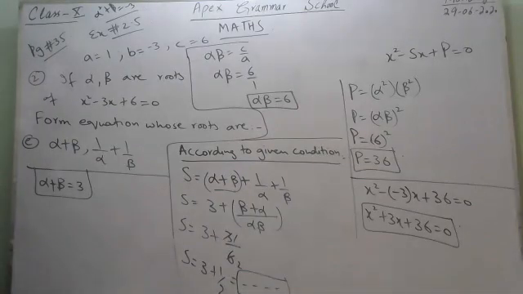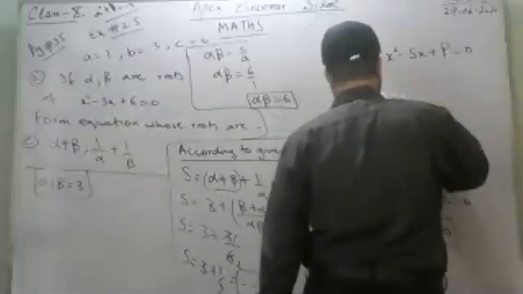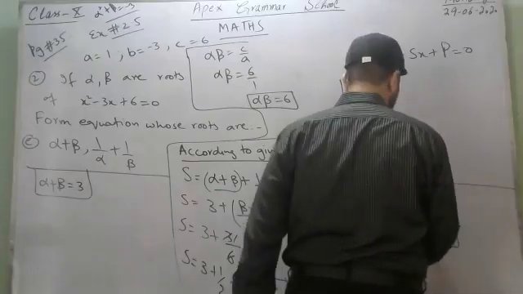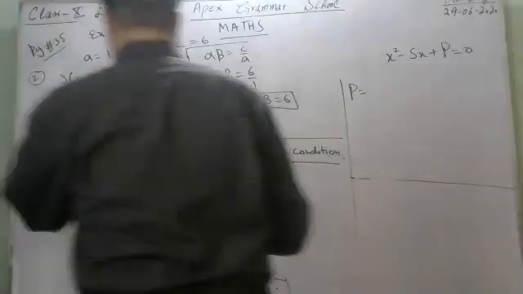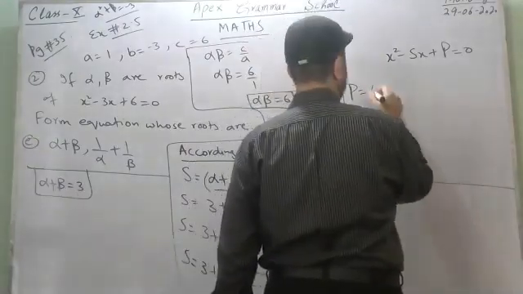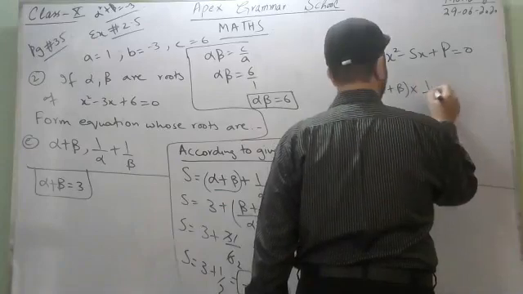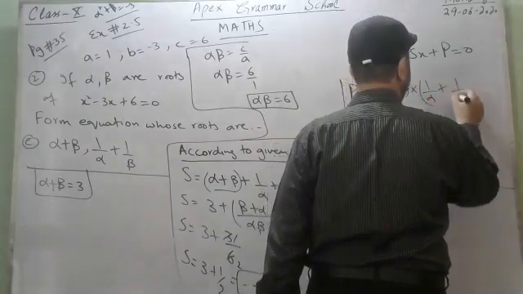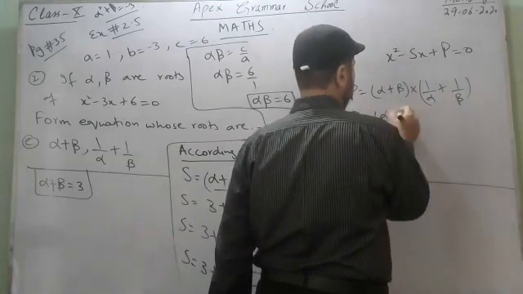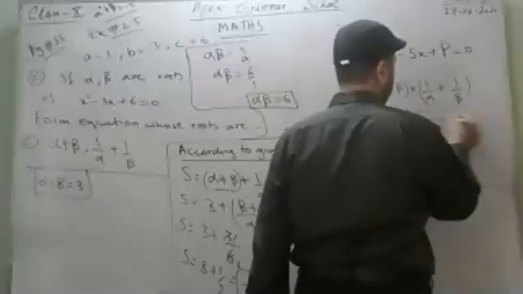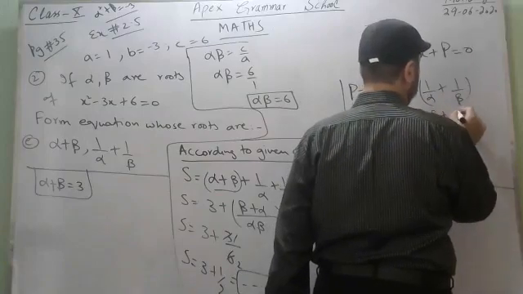And now for the product of roots. Product means multiplication of them, that is alpha plus beta and the multiplication of 1 over alpha plus 1 over beta. Again the same thing after making the multiplication of them: alpha beta and then beta plus alpha.